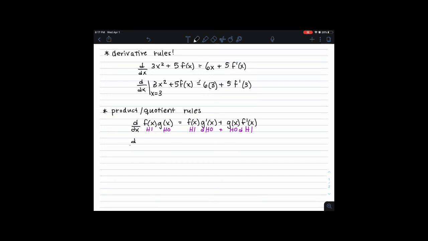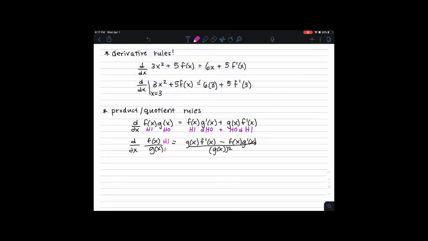And the quotient rule is if I have the derivative with respect to x of f of x over g of x, it is g of x times f prime of x minus f of x times g prime of x all over g of x squared.